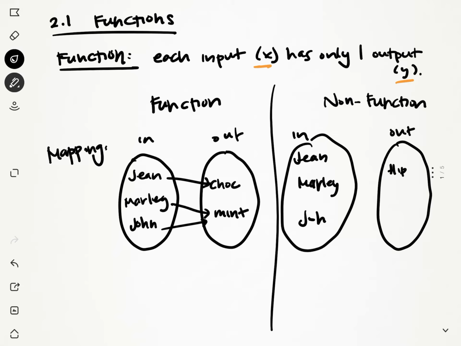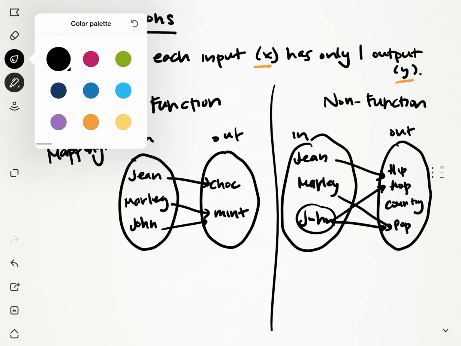So let's say we have hip-hop, we have country, and then we have pop. Let's say Gene likes hip-hop, Marley likes pop, and then let's say John can't decide, so he chooses hip-hop and pop. This is no longer a function because John, that one input, has two separate outputs, so that makes it not a function for this mapping. So always keep in mind when we're talking about functions, just make sure that each input has only one output and you should be okay.